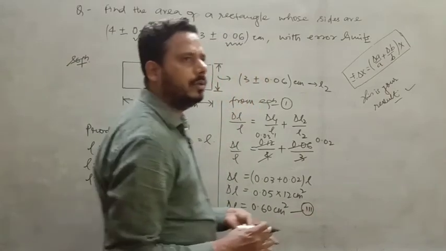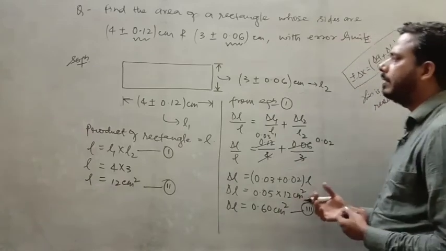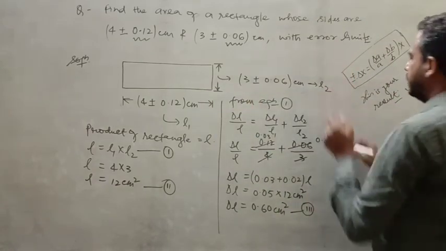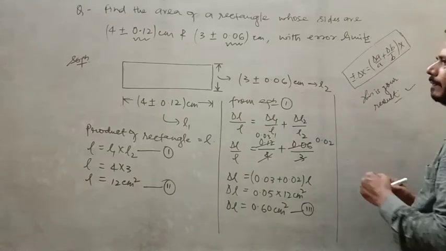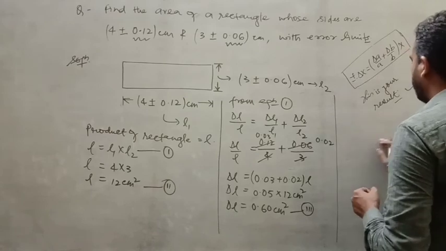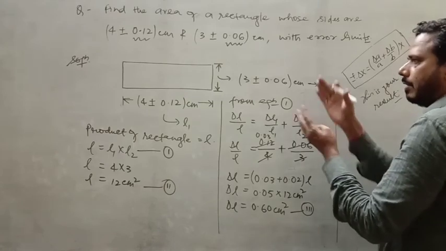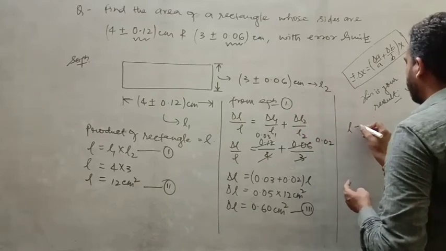So finally you have got your absolute error, and then you have to find the area with error limits. So your result for the area, because L is the area of the rectangle, is the area with its error limits.